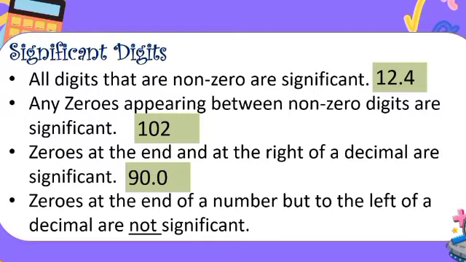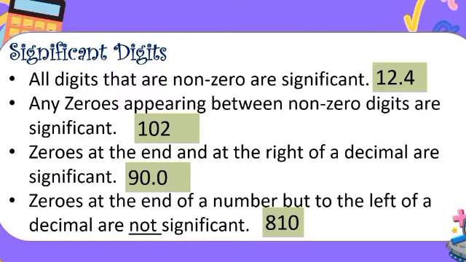So, magiging significant lang siya kapag ito ay at the right of a decimal and yung end nung digit. So, 90.0. Nagiging significant lang kapag may decimal.